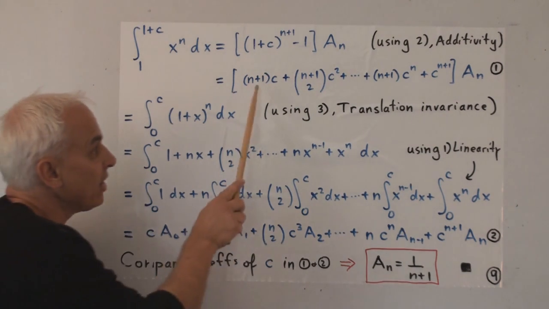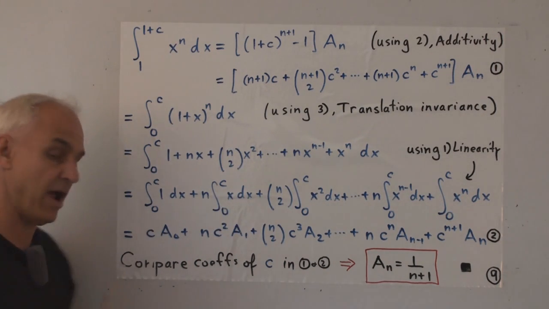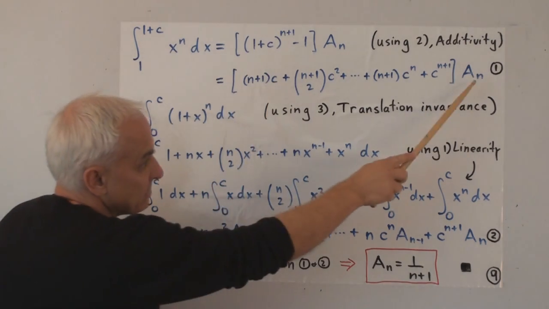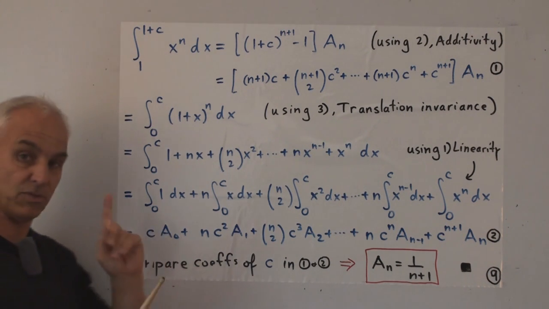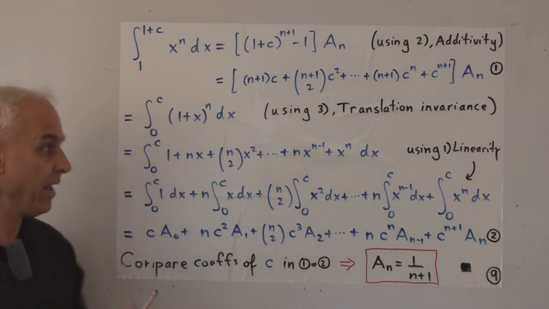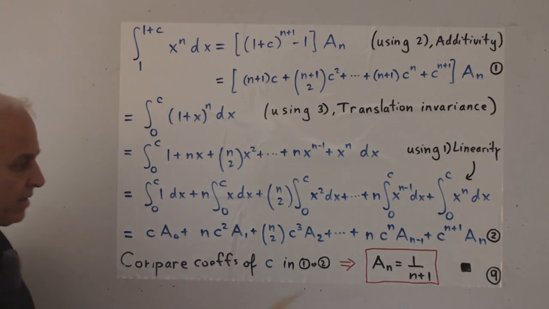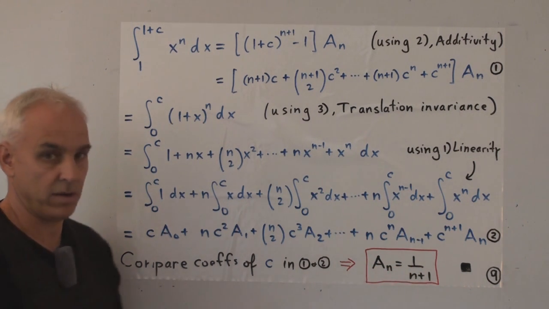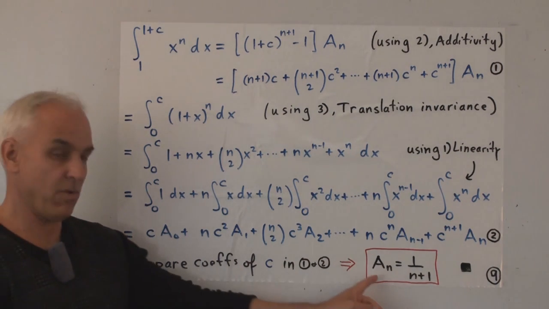And that means that the linear term here and the linear term here have to be equal. So n plus 1 times c times a sub n has to equal c times a sub 0. But remember, a sub 0 was 1. And that's telling us that n plus 1 times a sub n is equal to 1, so that a sub n equals 1 over n plus 1. That's exactly what we wanted to prove.